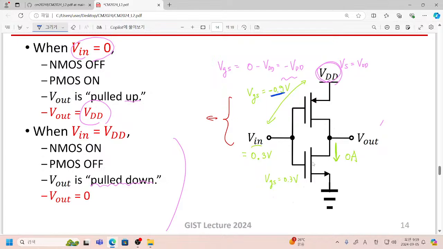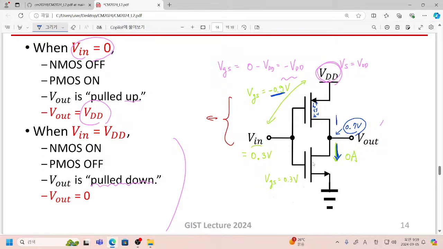So this is, in its absolute sense, quite above the threshold voltage. So now we have a whole gas here, and if we have, for example, 0.7 volt as an output voltage, let's assume that. Even in this case, the NMOSFET does not conduct current because it is in its cutoff region.